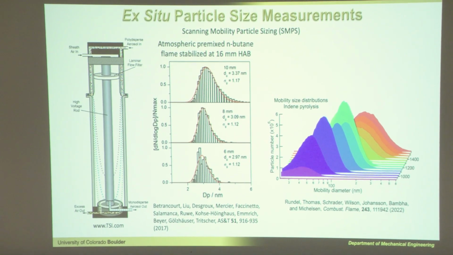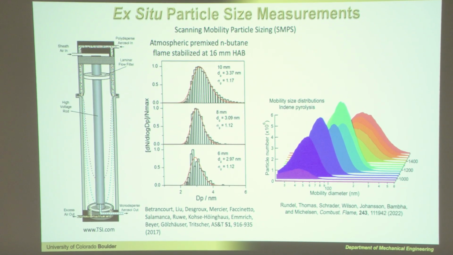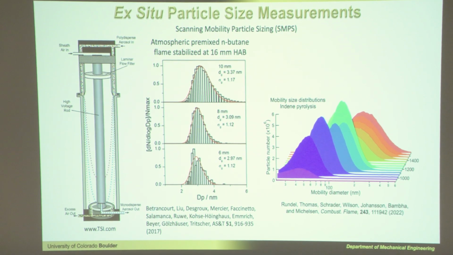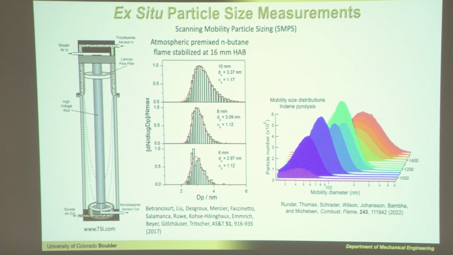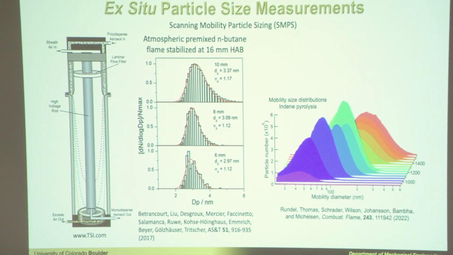So you have a high voltage inner cylinder and then a neutral outer cylinder. And that puts a field inside the tube, and the particles drift through this field, right? So now you have a charge drifting through an electric field, and the particles are going to be diverted based on the field they're experiencing, how big they are, and what their charge is, right?